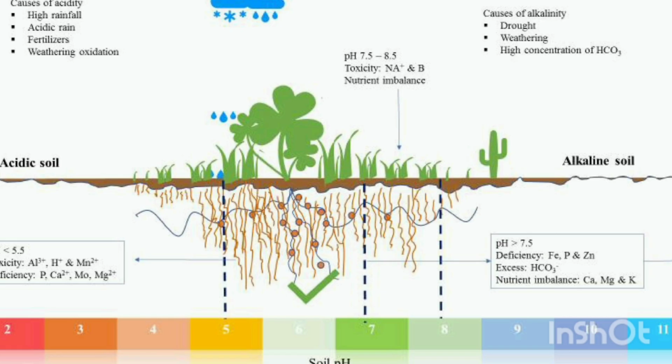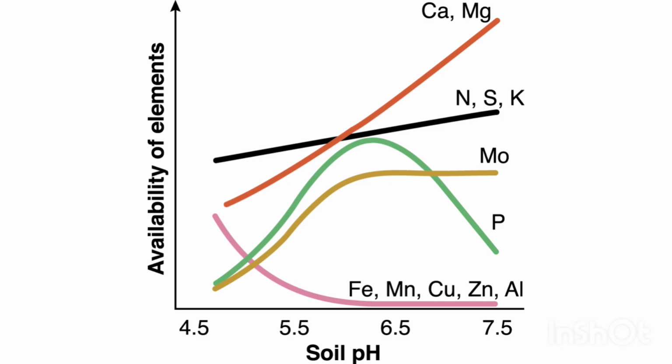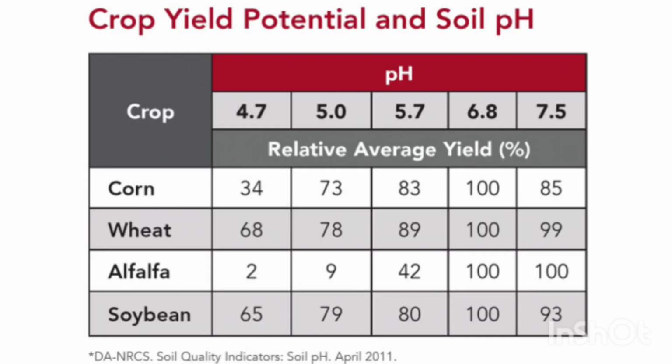This usually takes place in highly alkaline soil of pH greater than 7.5 or highly acidic soil of pH less than 5.5. For most crops, a range of 6.2 to 7.2 is best for proper nutrient uptake.